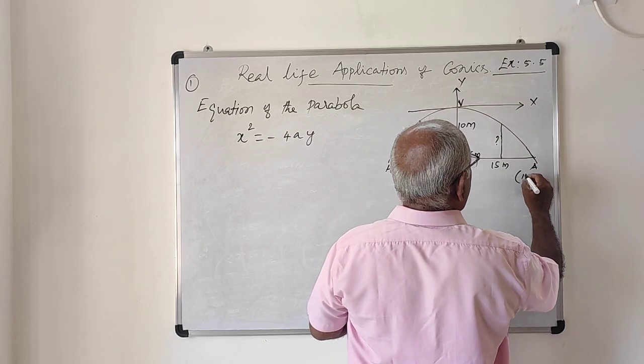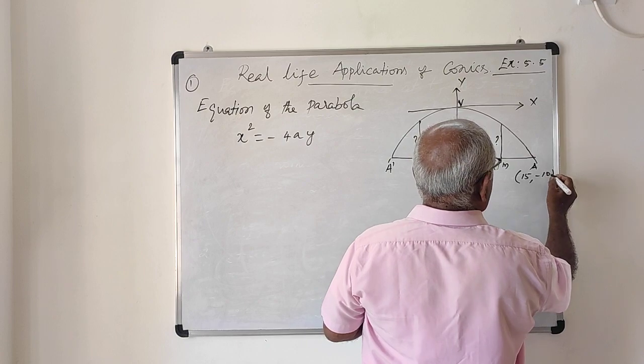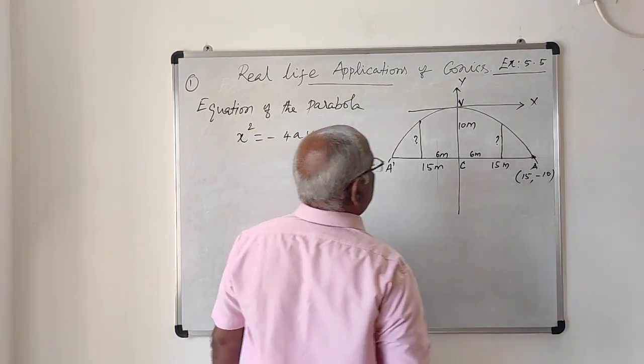Coordinate of A is 15 comma minus 10. So 15 comma minus 10 is a point on the parabola.